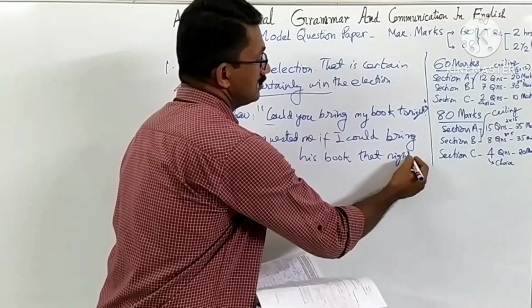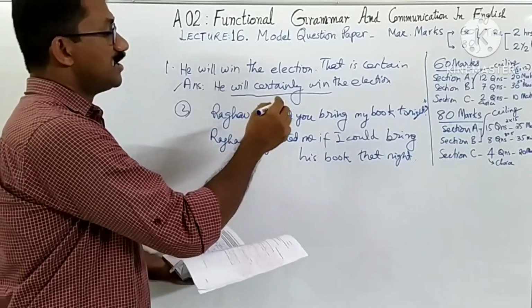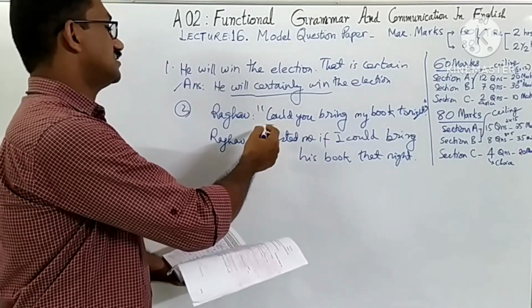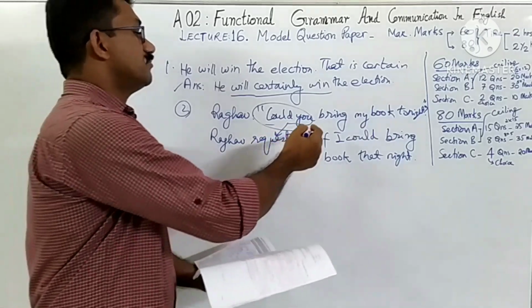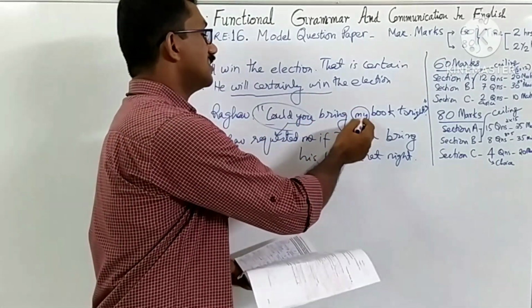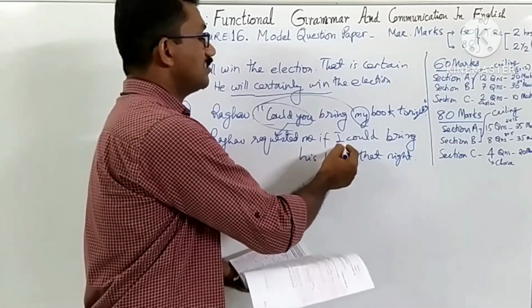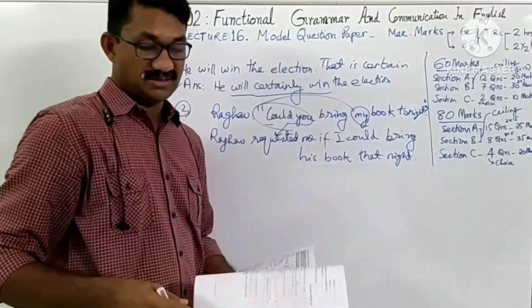Okay, it's very easy. Raghav requested me if I could bring his book that night. 'Could you' will become 'requested'. Bring me my book, Raghav's book. Raghav requested me if I could bring his book that night.